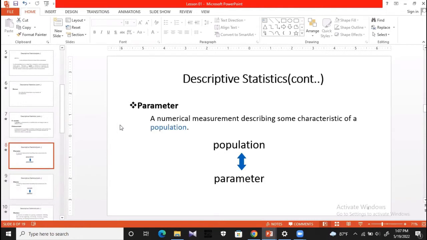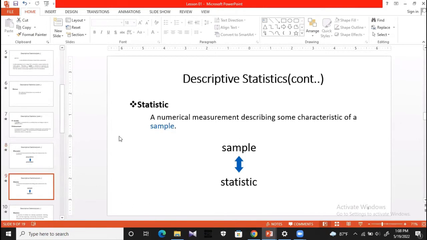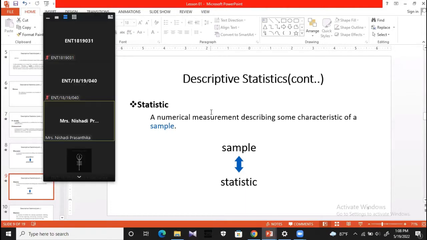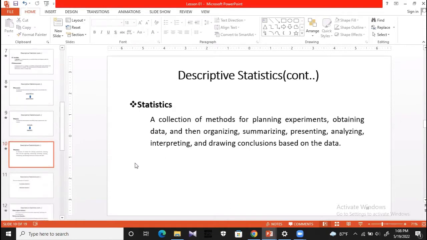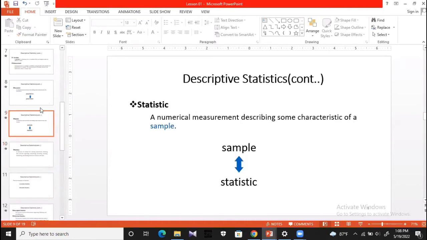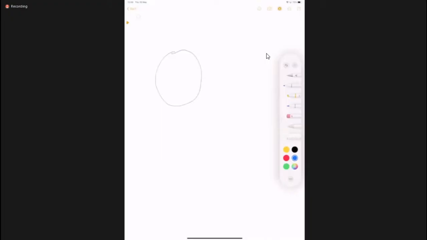And parameter and statistic. Actually, we were discussing last time about parameters and statistics. Today also, I would like to start with these two terms, parameters and statistics, right? Give me a second. Consider here you have a population.